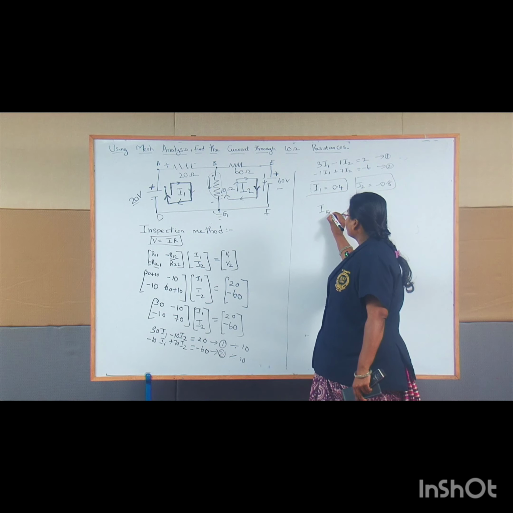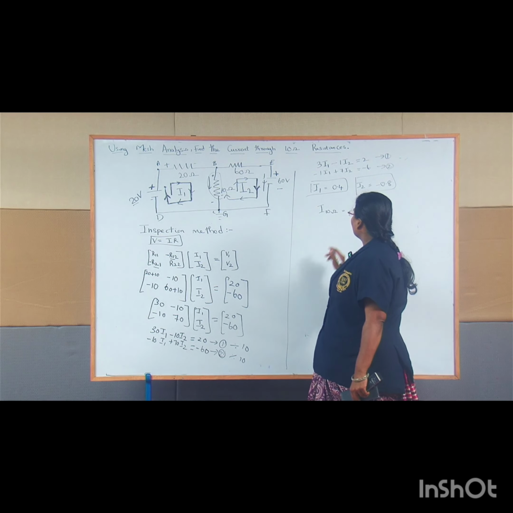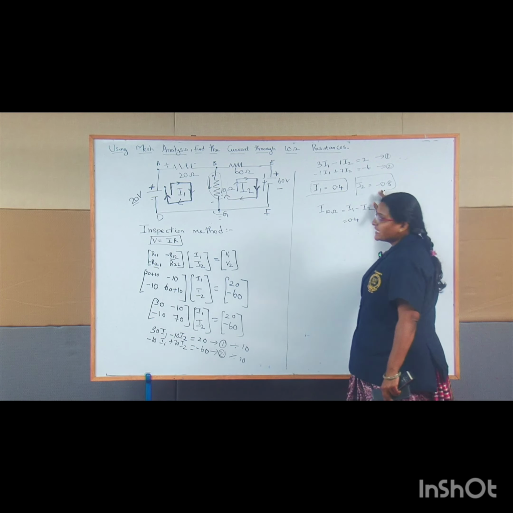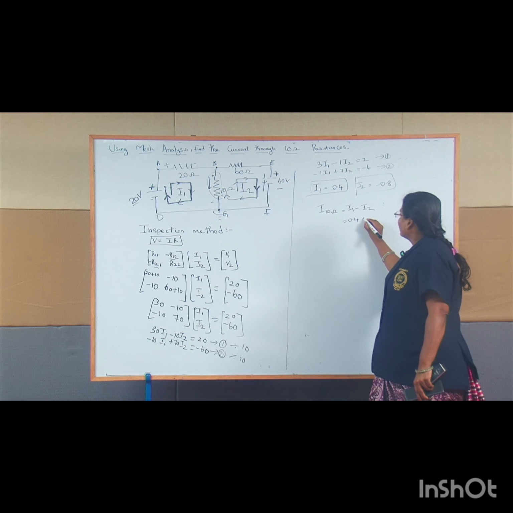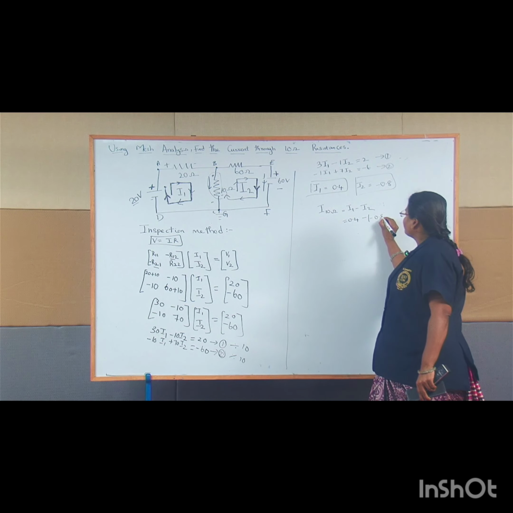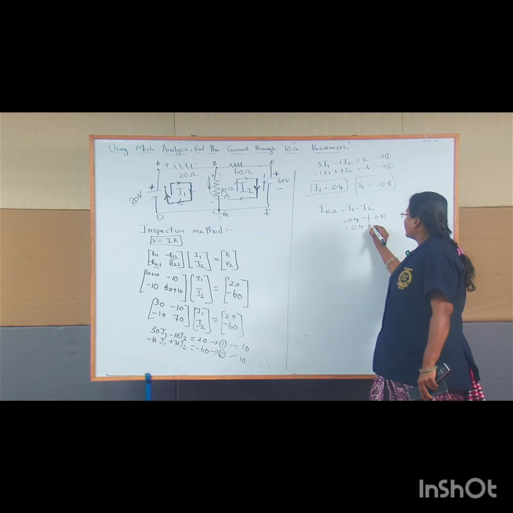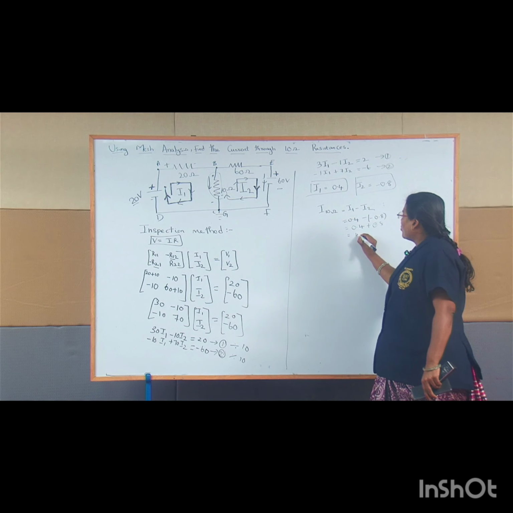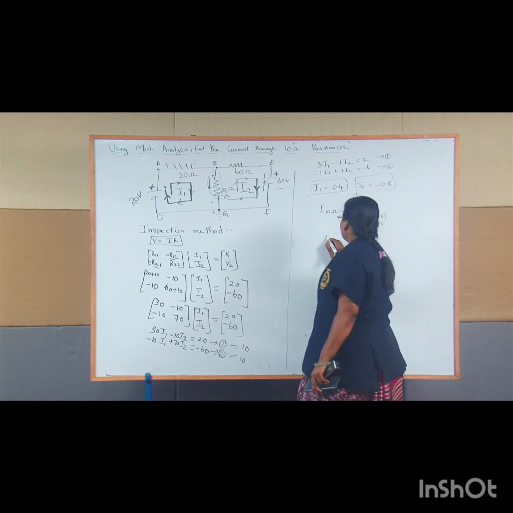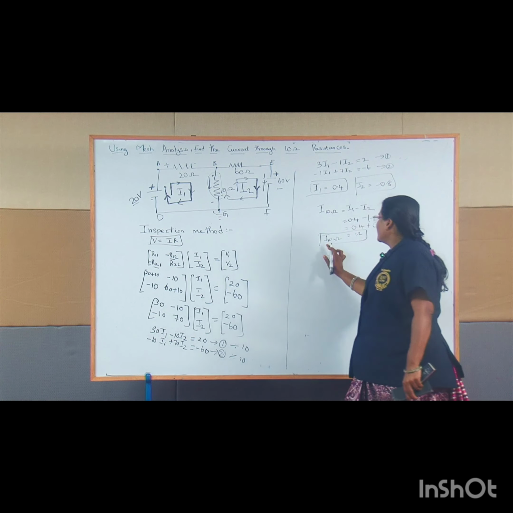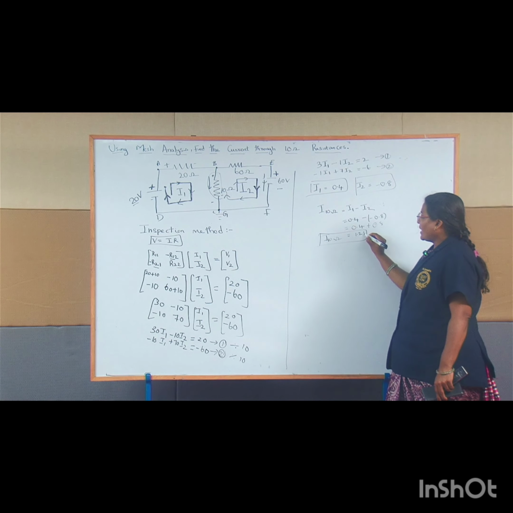So I 10 ohms equals I1 minus I2. I1 is 0.4, your I2 is minus 0.8. So 0.4 minus of minus 0.8, minus minus will become plus, so it will become 1.2. So the current flowing through the 10 ohm resistor is 1.2 amps.